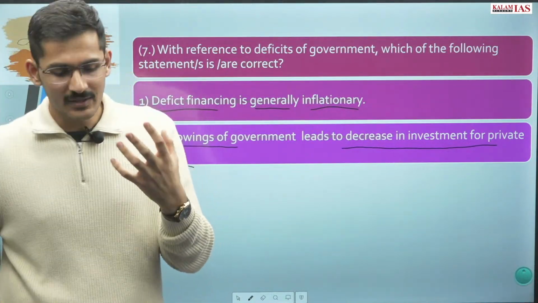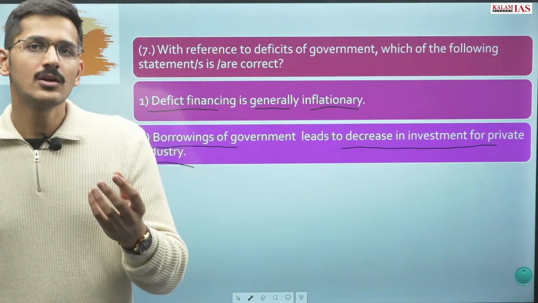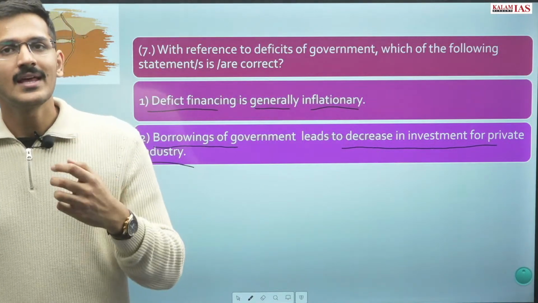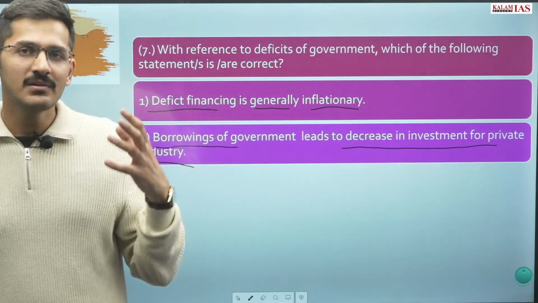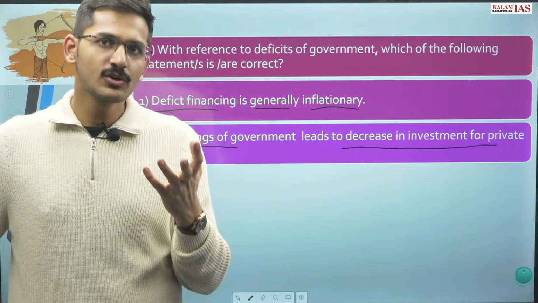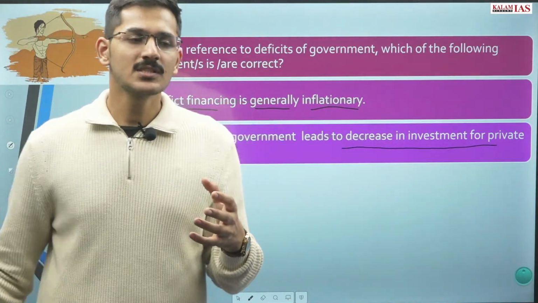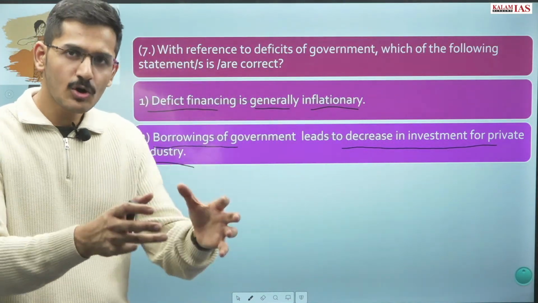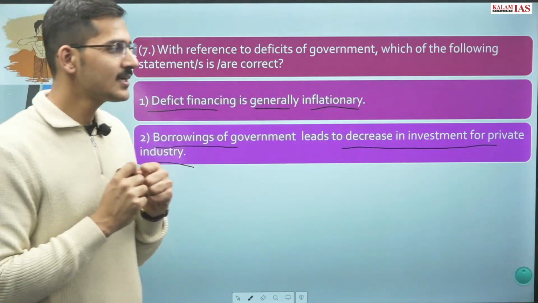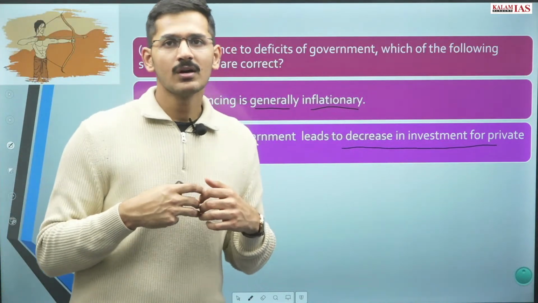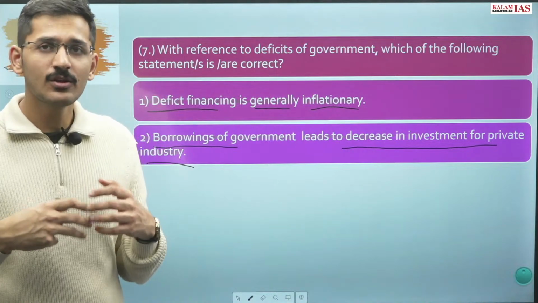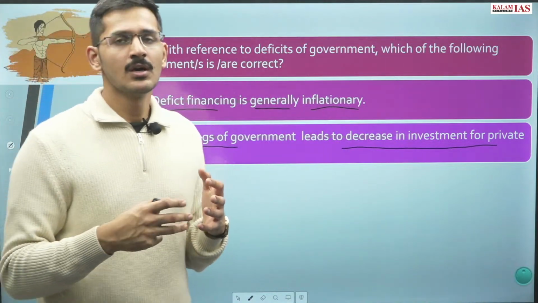So if the financial industry has 100 rupees and the government borrows 50 from it, then private enterprises will be left with only 50 rupees to invest. When the government borrows a lot of money from the market, it results in a lack of availability of credit for private industries.